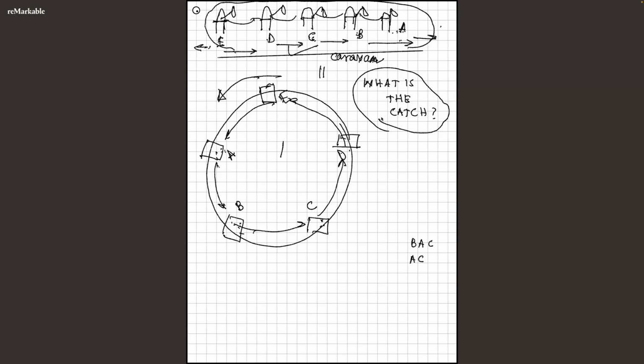Going to the left, by the way. Okay, B, A, C. Yeah, so like that you can write as well. And then B, C, A. Good. Anything else? Anybody has any other idea?